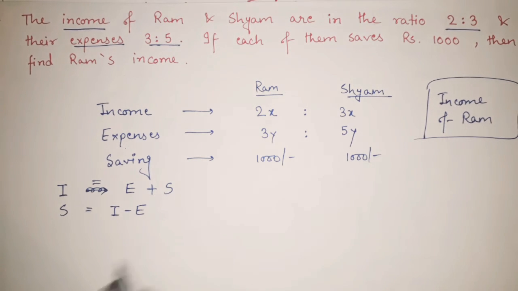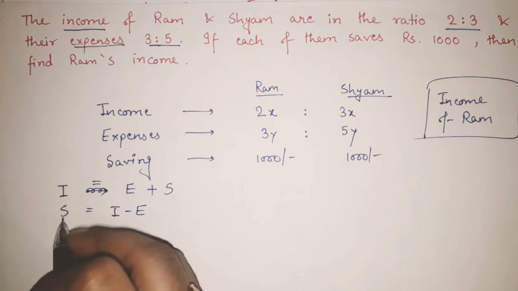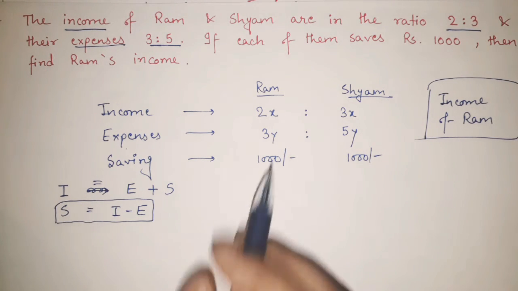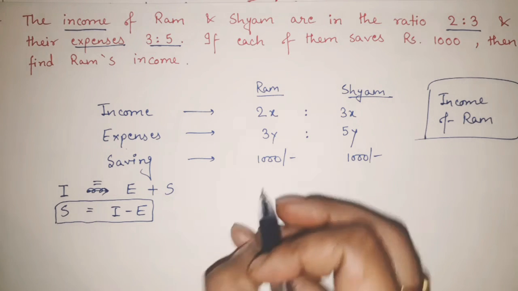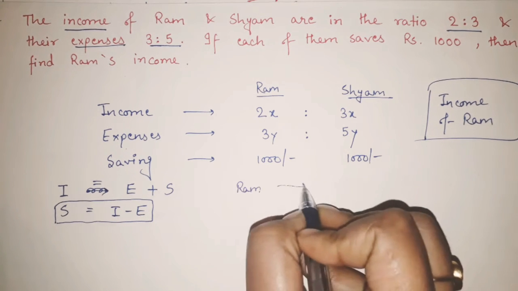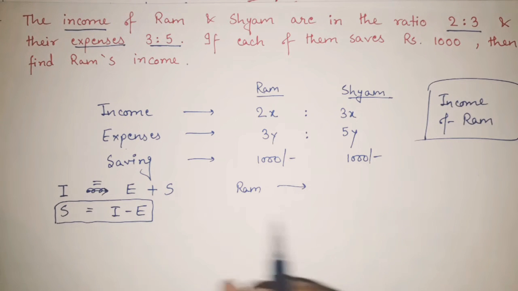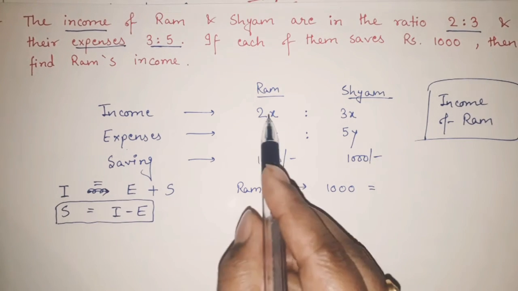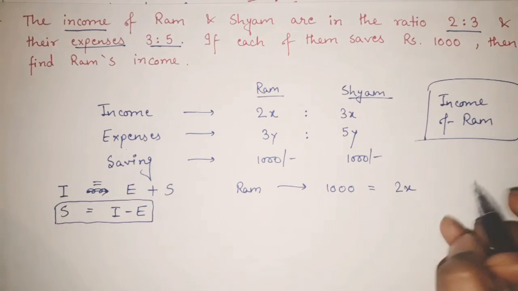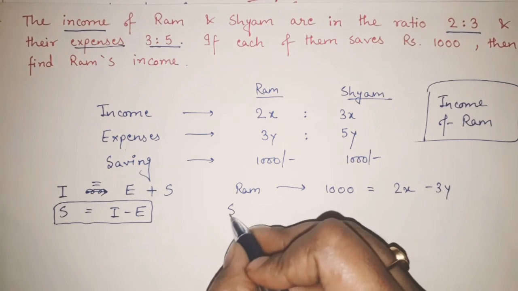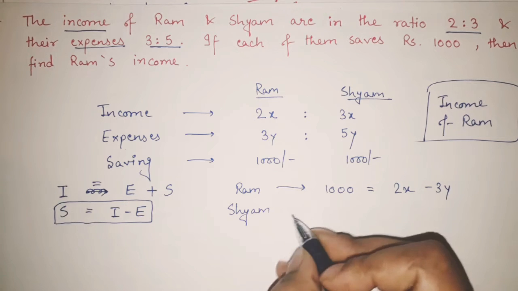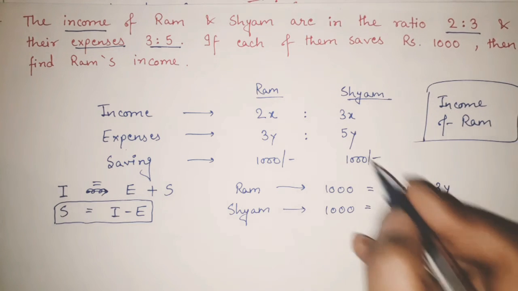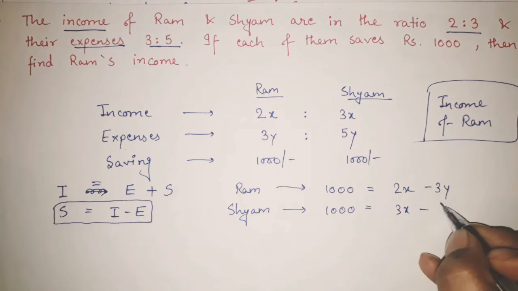If we make this formula for Ram and Shyam both, for Ram, savings equal to I minus E. So savings for Ram is 1000 equal to I minus E, so I for Ram is 2x minus 3y. Similarly, for Shyam the savings is also 1000 rupees, equal to 3x minus 5y.